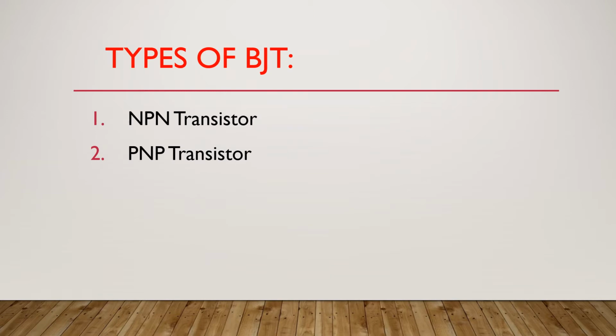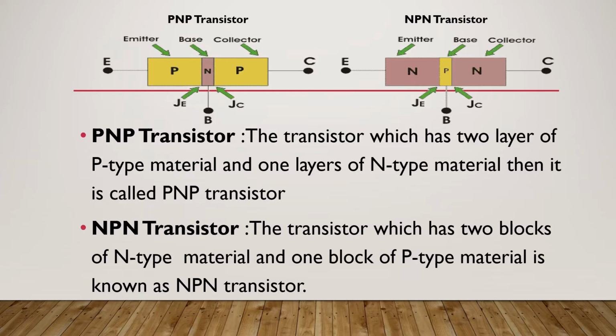Now, types of BJT. There are two types of BJT, NPN transistor and PNP transistor. From this diagram, we will come to know what is NPN transistor and what is PNP transistor. First, we will see PNP transistor. In PNP transistor, two P-type material are used and one N-type material is used.